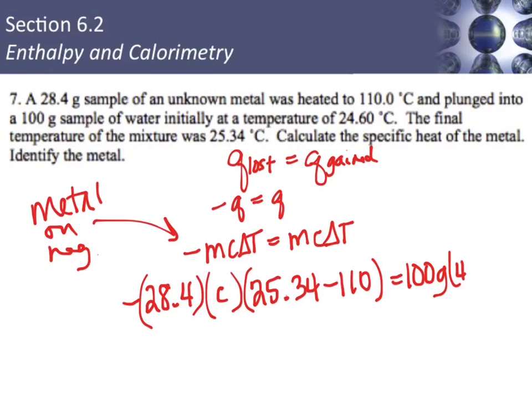Specific heat capacity of water is 4.18. And the water went from 24.60 Celsius to 25.34. So solve for C. I need 3 sig figs on C.